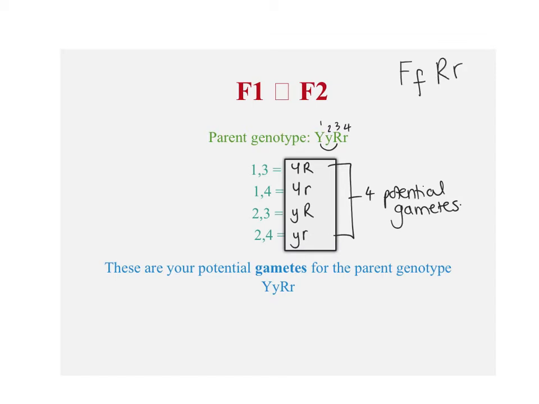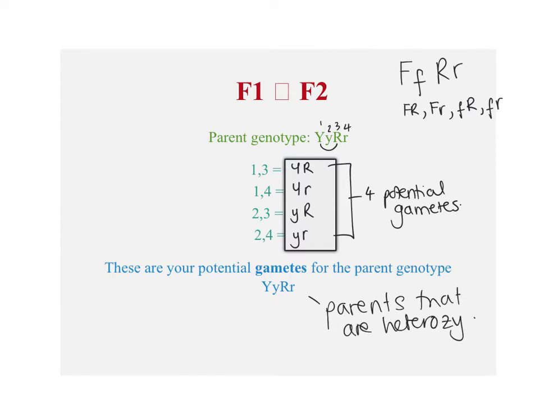Big R, little r for round, whatever, it's just a silly example. 1, 3 is going to be FR, or big F, big R, and then 1, 4 is big F, little r. 2, 3 is little f, big R, and 2, 4 is little f, little r. Okay, follow the 1, 3, 1, 4, 2, 3, 2, 4 rule for parents that are heterozygous for at least one of those traits.